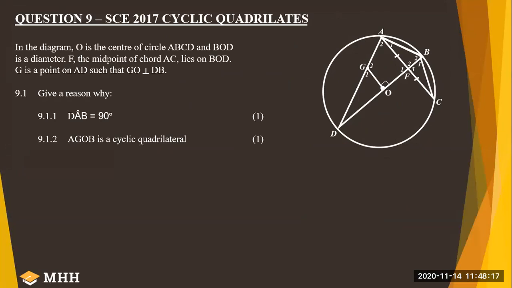In this diagram, O is the center of the circle, right? So if O is the center of the circle, I'm going to fill in radii. Also, if it's in the center of the circle, I see a 90 degree. Then it says the midpoint of the chord.